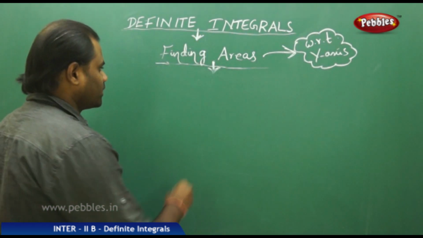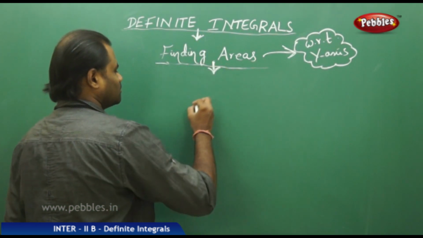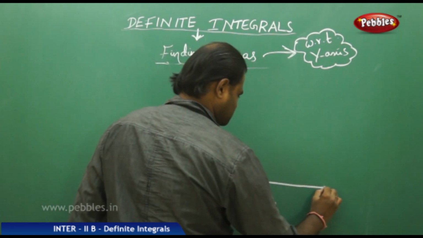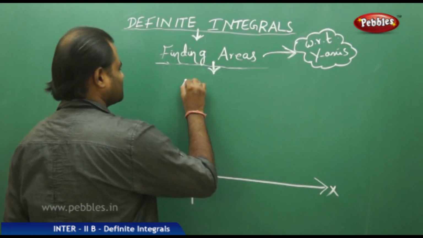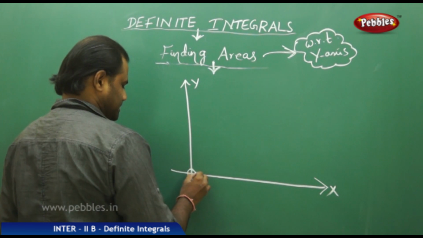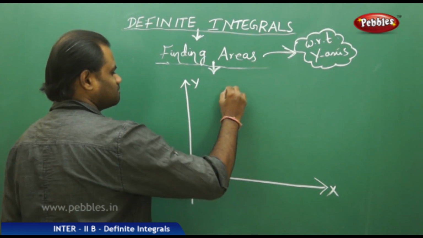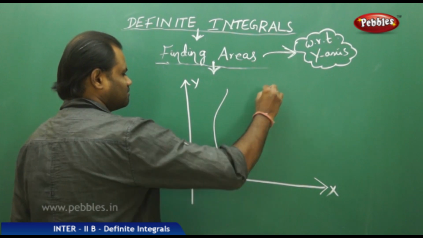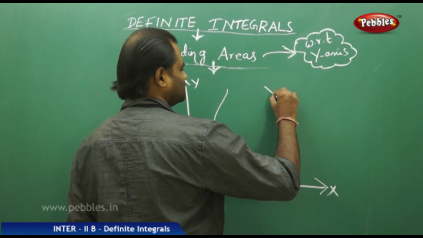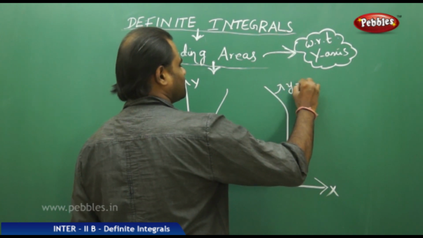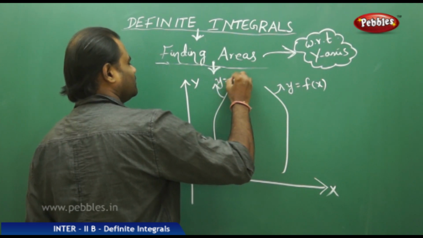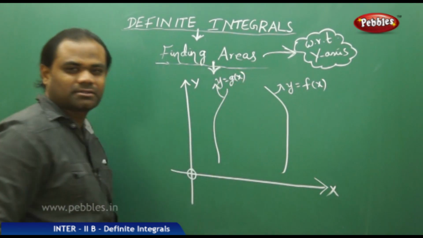That is, say for example, I have x-axis and y-axis with my origin, which gives two curves. Say for example, I have the curve y equals f of x and y equals g of x.